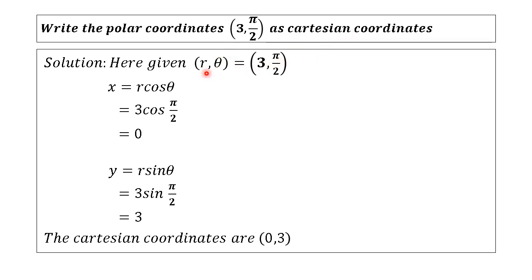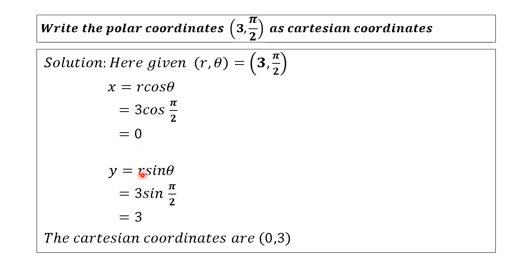Given r is equal to 3 and theta is equal to pi by 2. Here we use the relation x is equal to r cos theta and y is equal to r sin theta. Substituting the values of r and theta, you will get 3 into cos pi by 2. As you all know, the value of cos pi by 2 is 0. Therefore, the value of x is 0.